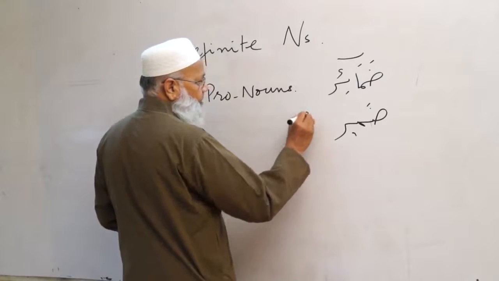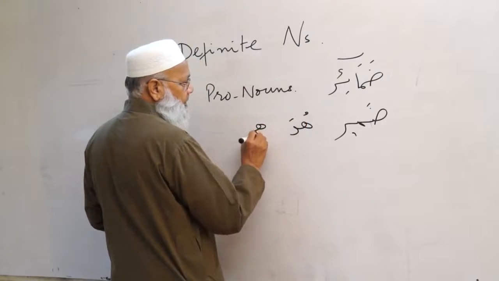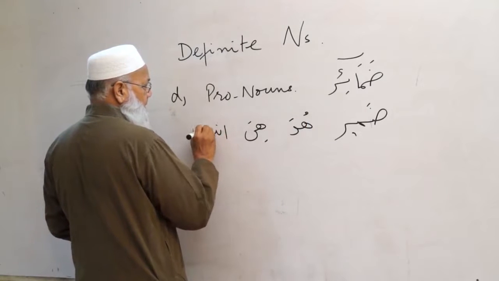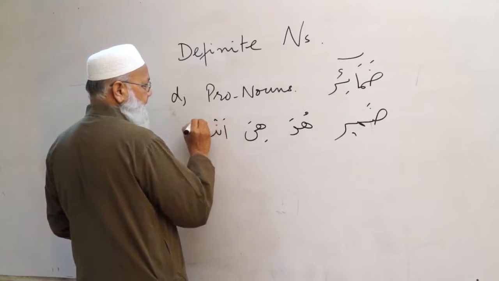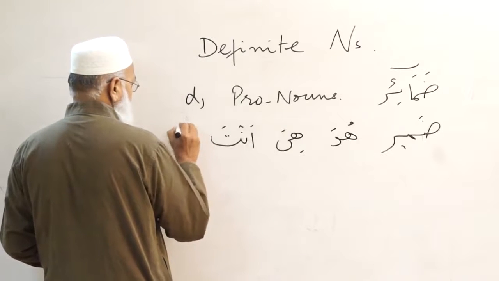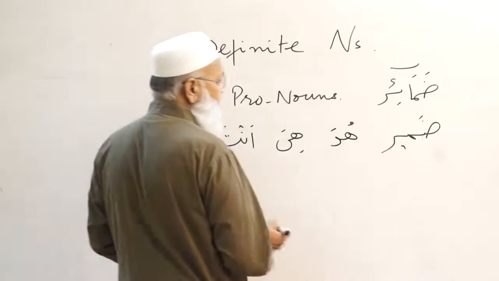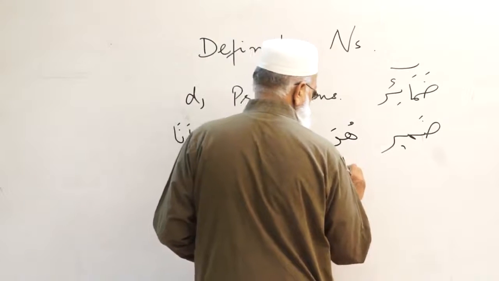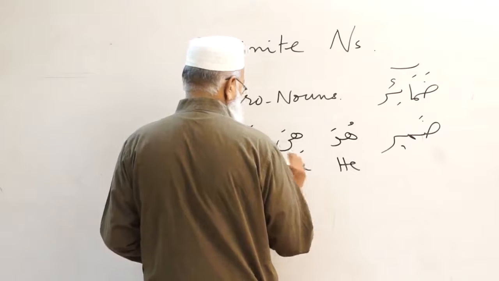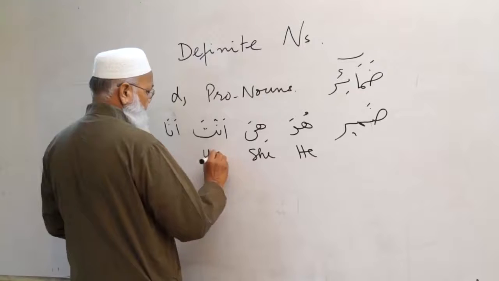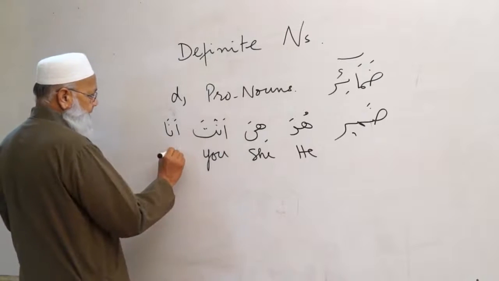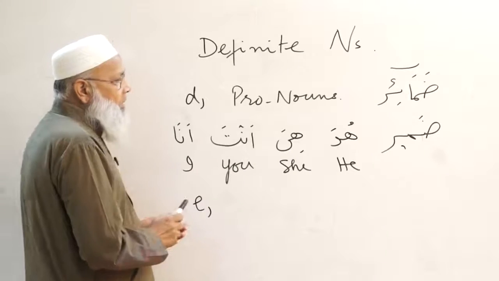Huwa, hiya, anta, ana. Huwa is he, hiya is she, anta is you when in the nominative form, and ana is I.